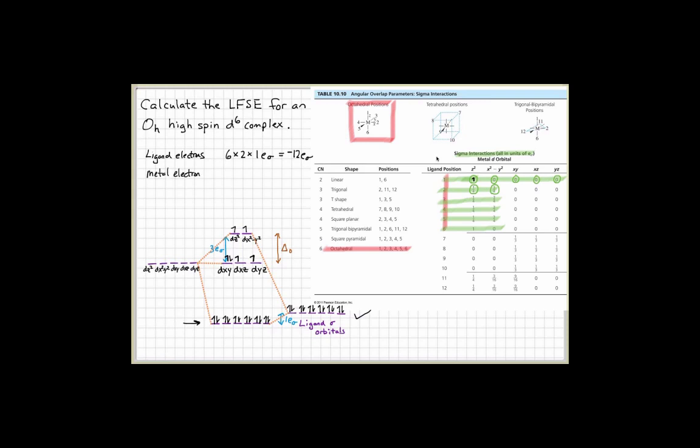And then the metal electrons, there's 2 that are raised by 3 E sigma, and I see I've made an error here. And so that is a total of 6. That will be positive since they're raised in energy. And so the total ligand field stabilization energy is now minus 6 in units of E sigma for the angular overlap model.